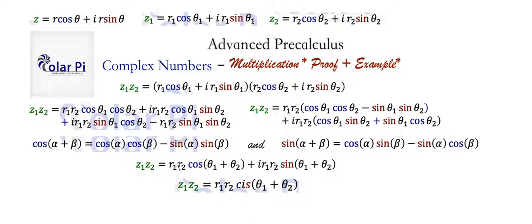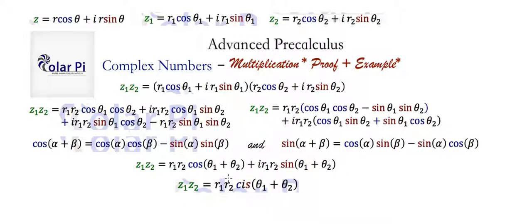Basically, you factor out r1 and r2 from the second to last step, and the remaining part is what I'm calling cis theta 1 plus theta 2, in case you didn't watch the intro video where we explained in detail what cis means and where it comes from.